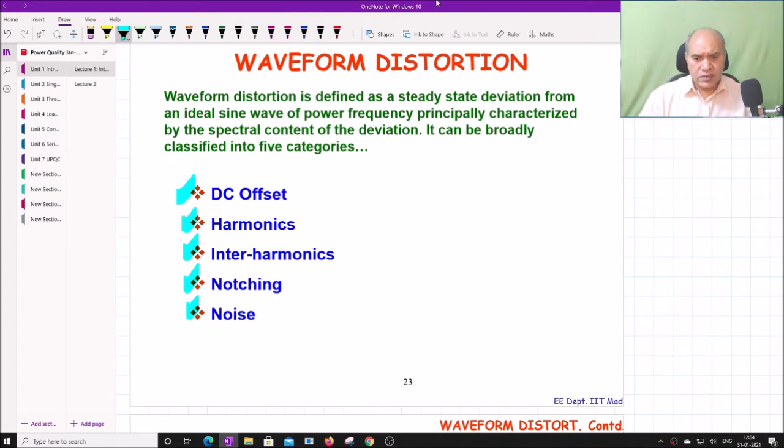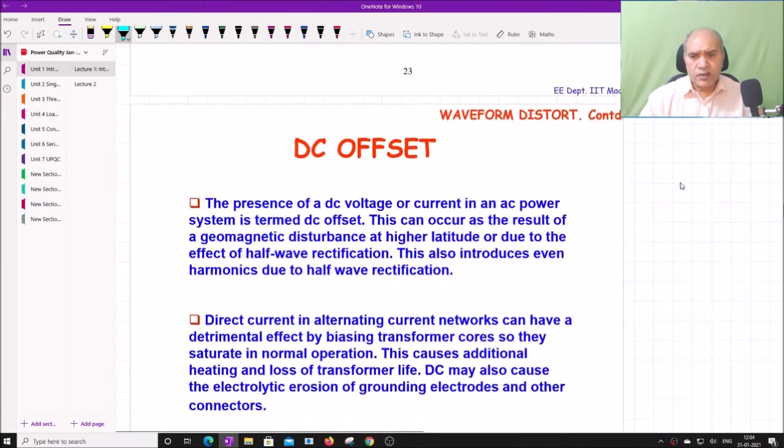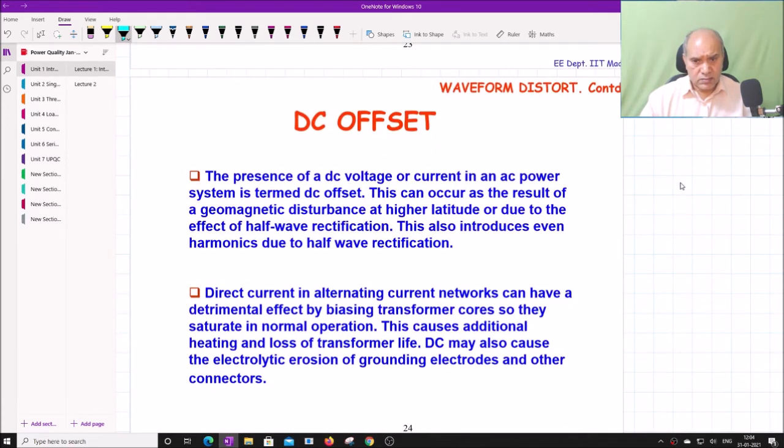The DC offset may be present in the system because of the DC current, which may be coming from single half wave rectification here. This may also be caused by the source side effect. For example, if the source voltage itself has a DC component, this may come from geomagnetic disturbance at higher latitudes.